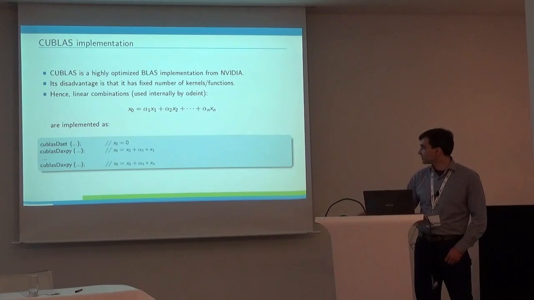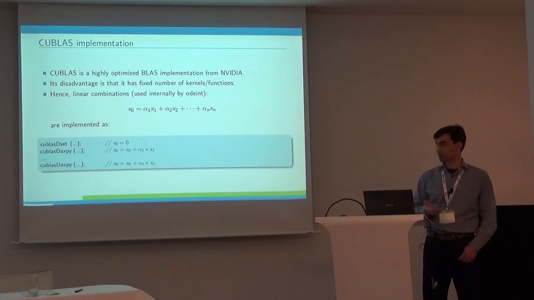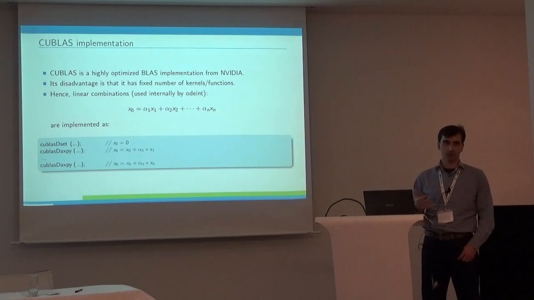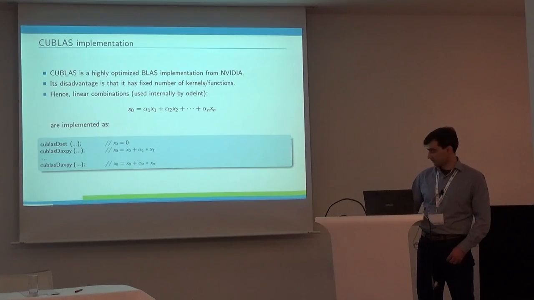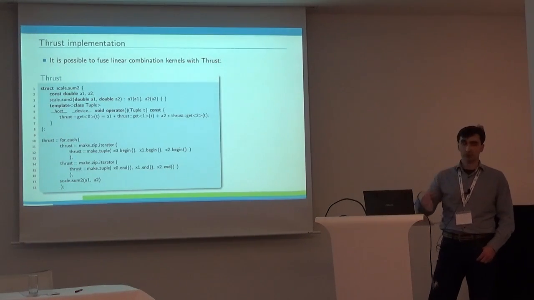And the problem here is that you have to store these temporary results into the global memory of the GPU. And again, memory is the biggest bottleneck in all of the modern architectures. So when you touch the global memory, your code immediately becomes slower. And this problem can be solved with, for example, the Thrust library, which also works on CUDA.